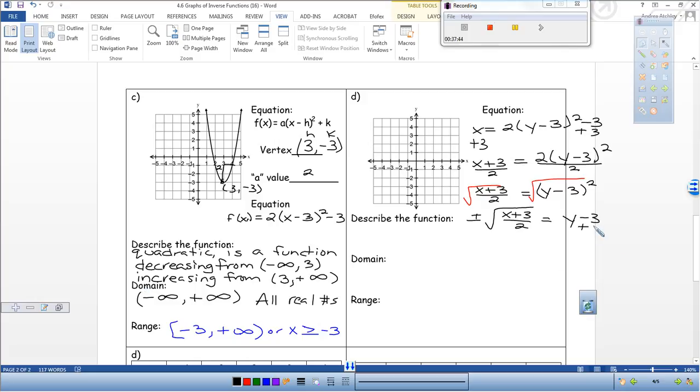Then I would add 3 to both sides. And I'm going to get y equals plus or minus the square root of x plus 3 all over 2, and then plus 3 on the outside.